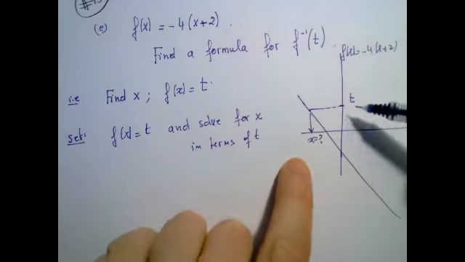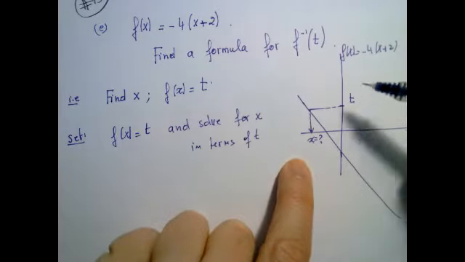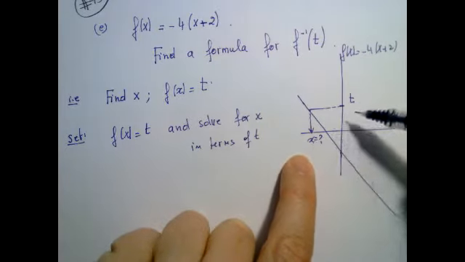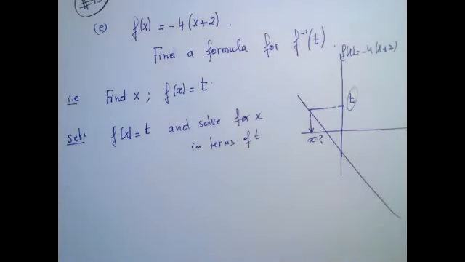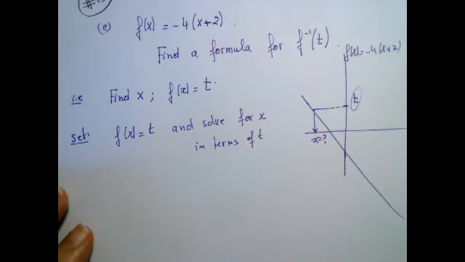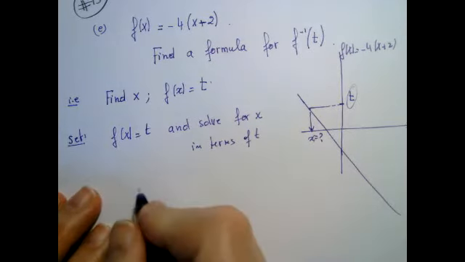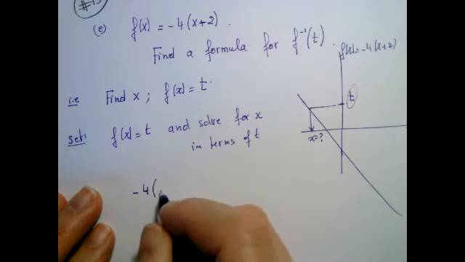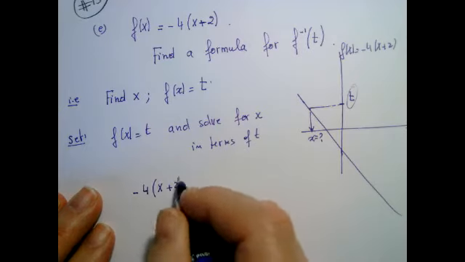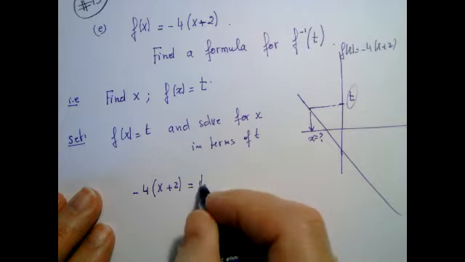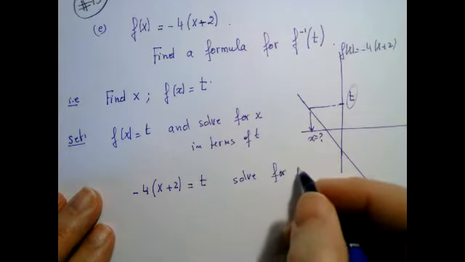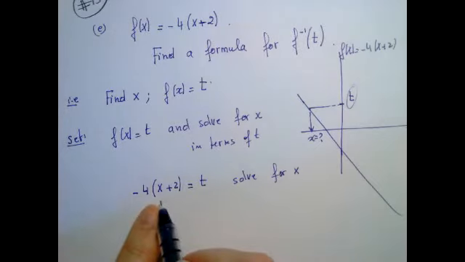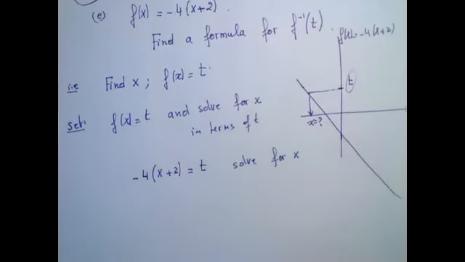I know the output, I'm calling it t. This time I'm going to find the input. What is the x whose output is t? I will do this problem completely to remind you how it works. So f of x equals t means -4 times (x plus 2) equals t. Solve for x in terms of t.